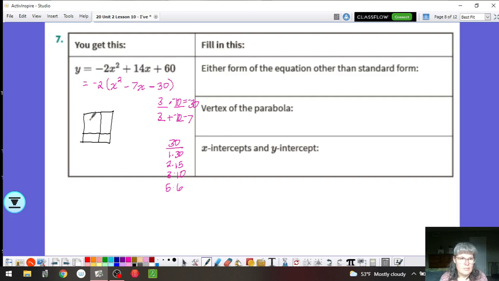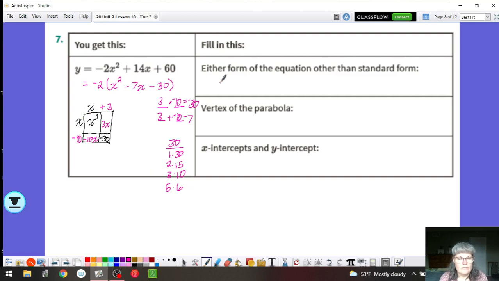So when I factor this, I have my x squared, I have my minus 30, and I know from the numbers I found that I need a 3x and a -10x. That means my factors will be x plus 3 times x minus 10.